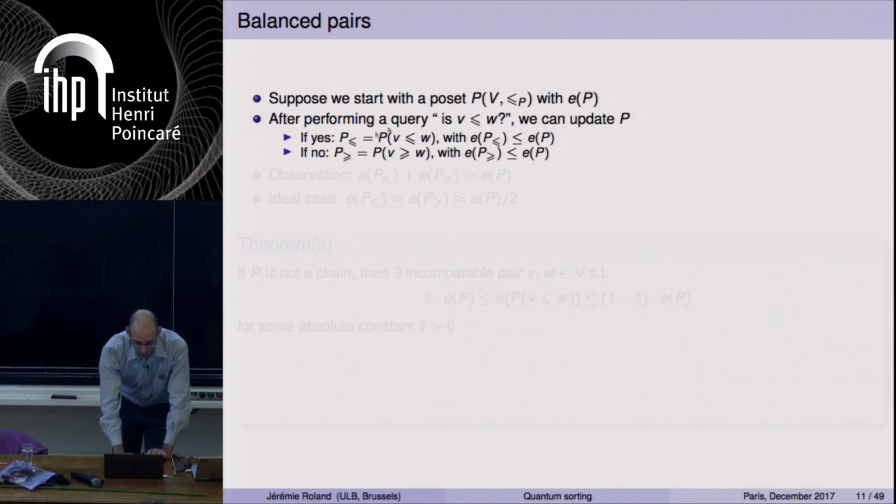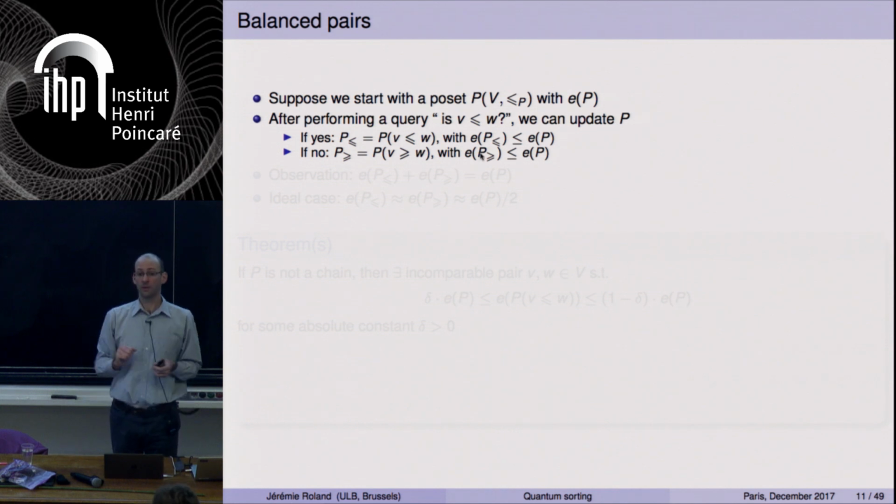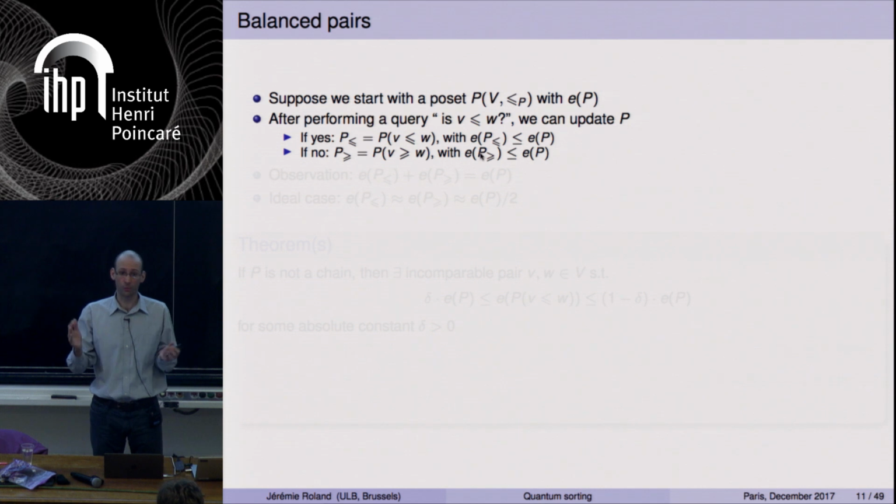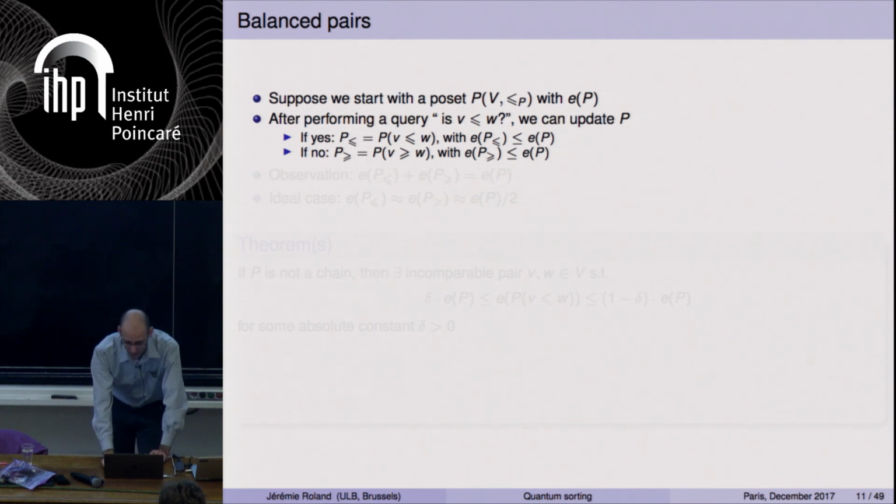Of course, if the answer is no, if v is not less than w, so if w is less than v, you can update in the other direction, and you get another new partial order. And again, the new number of options is less than the former one because you have more information, so there are fewer total orders that are compatible with whatever you know at that point.